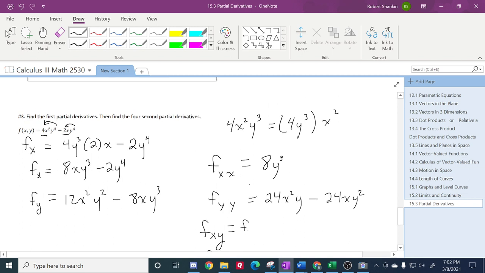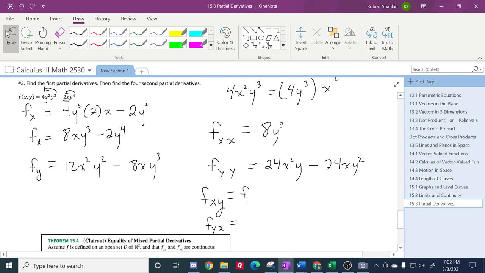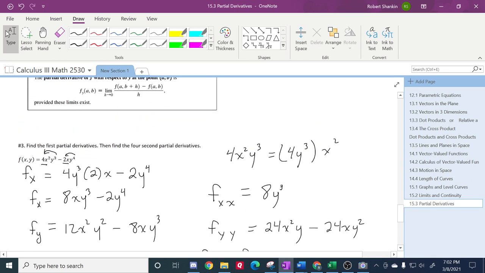now, oh, by the way, let me introduce this notation. fx is also this: partial of f with respect to x. When you see the regular derivative, it's a d, df, dx.